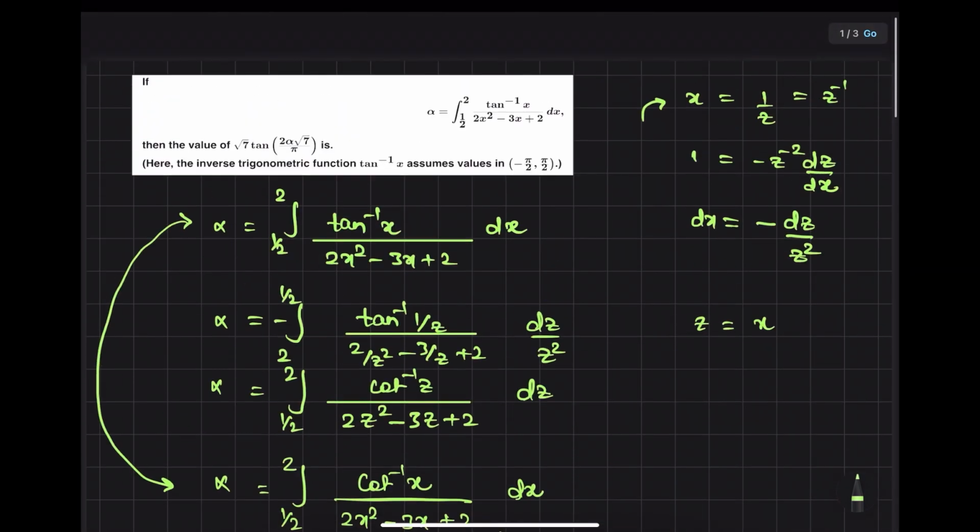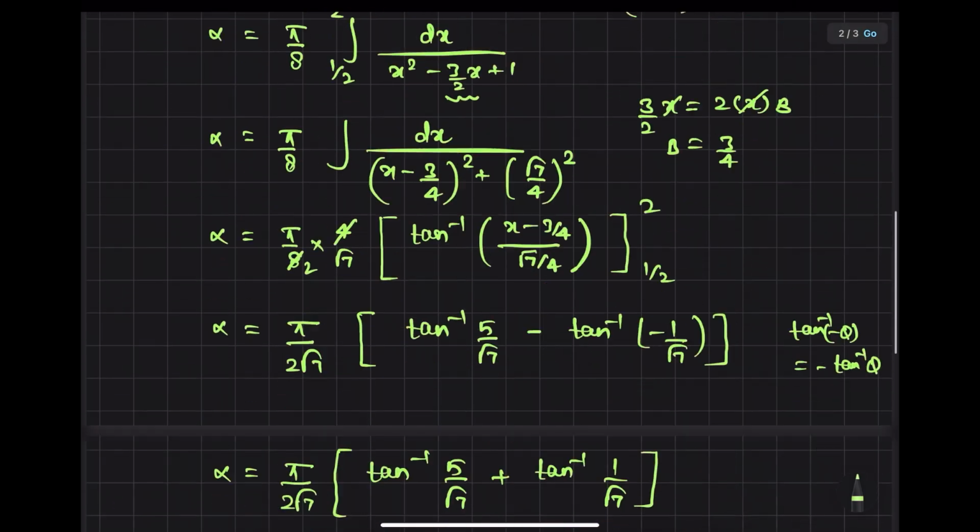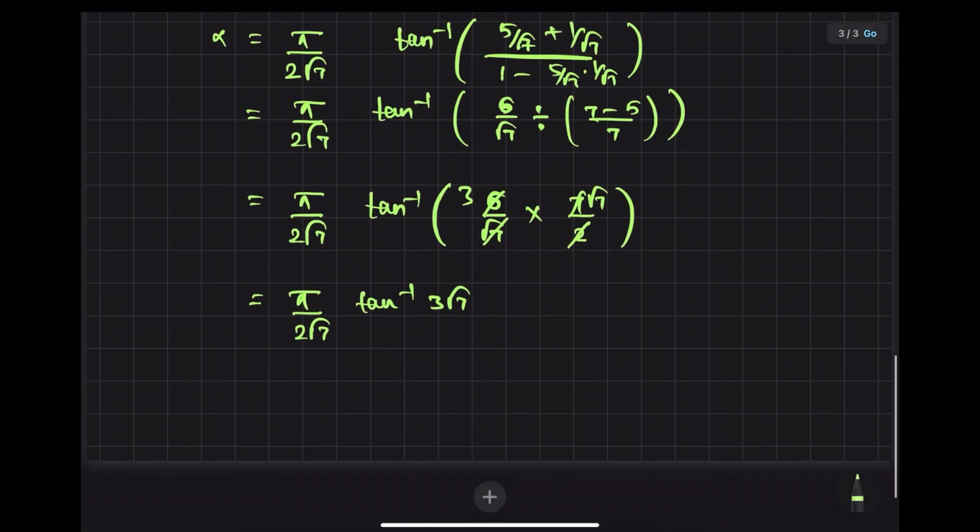Now what do we want? We want root 7 times tan. Acha, we want 2 alpha root 7 by pi. So look at this. This is alpha. So if we multiply both sides by 2 root 7, and then divide by pi, we will get almost the argument of tan.